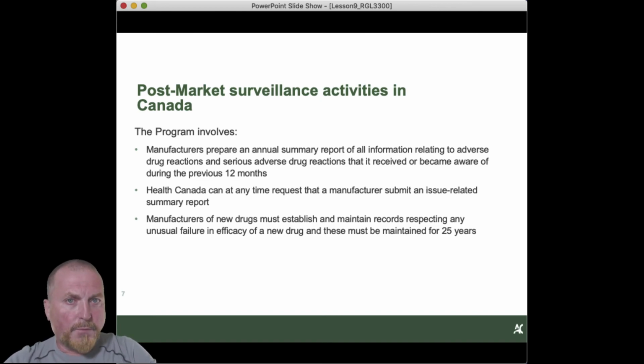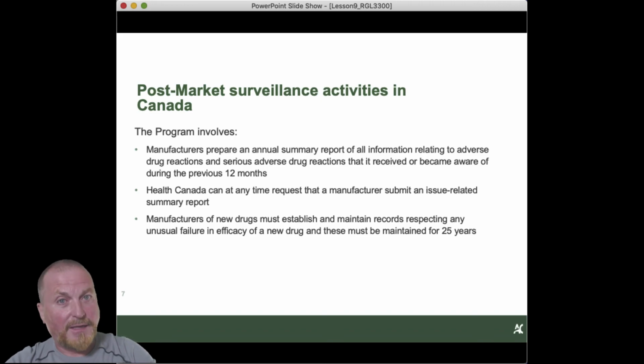So what does our program require? The program involves the manufacturer preparing an annual summary report of all information relating to adverse drug reactions and serious adverse drug reactions that it received or became aware of during the previous 12 months. And Health Canada can at any time also request that a manufacturer submit an issue-related summary report.